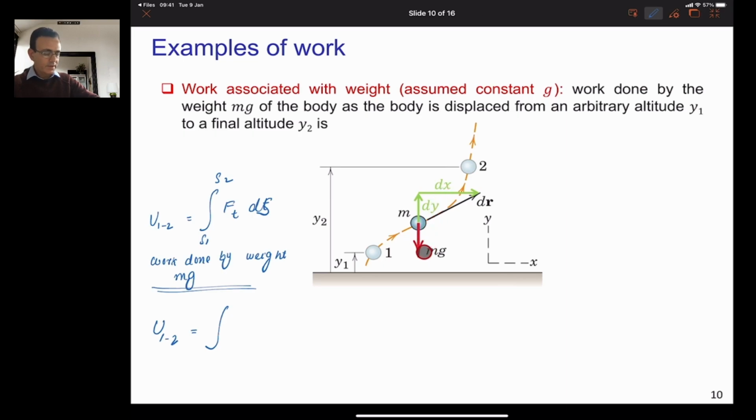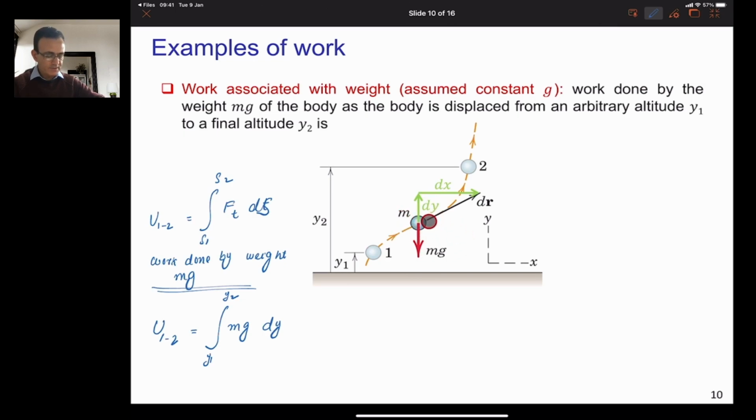So therefore, we will just take dy here. So this means that we will just take s1 equal to y1 and s2 equal to y2, and then you will have mg, and you will have dy here.